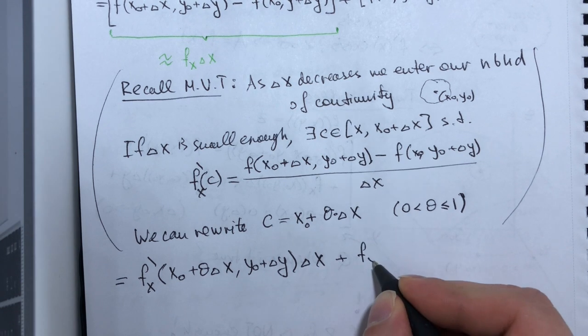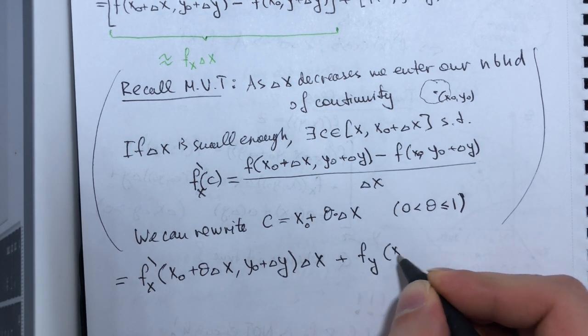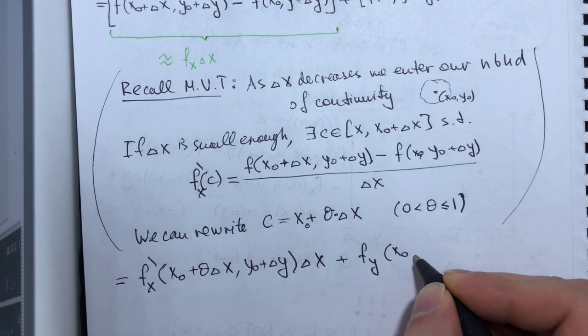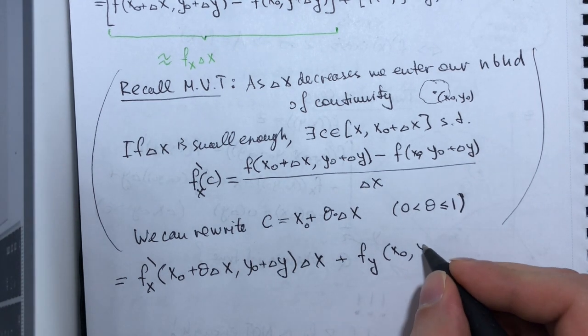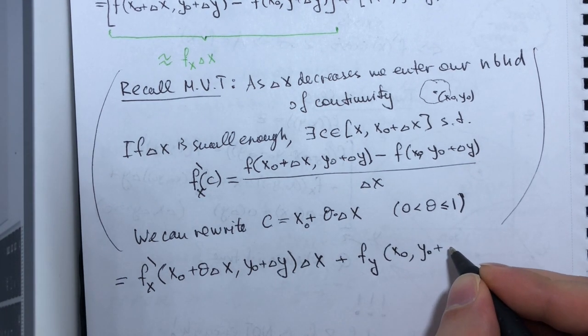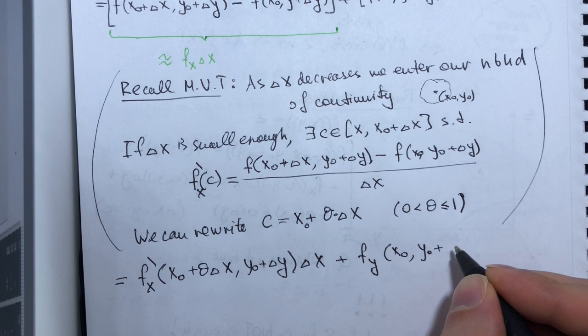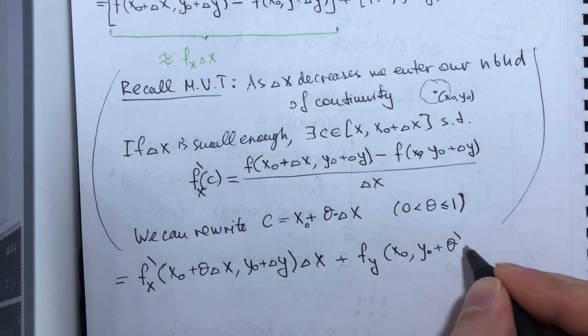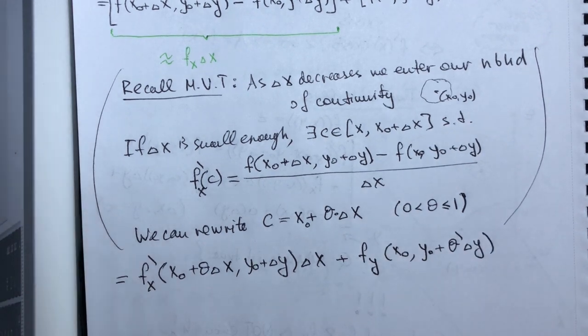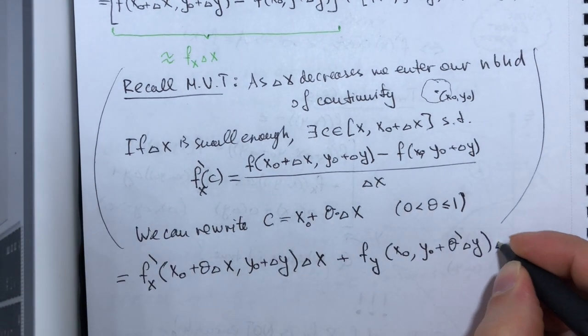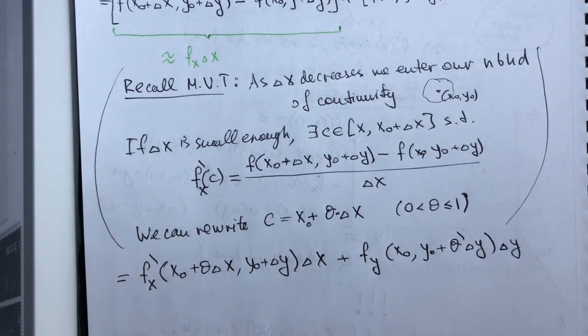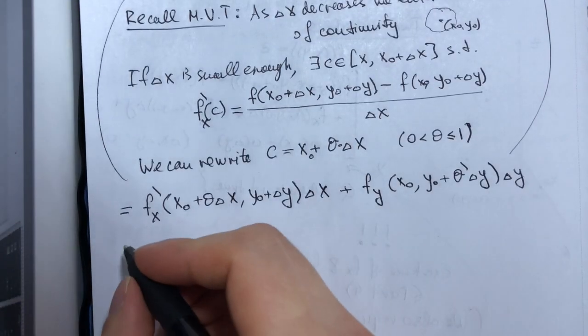So x naught stays the same, and I'll have y naught plus some theta dash delta y times delta y.